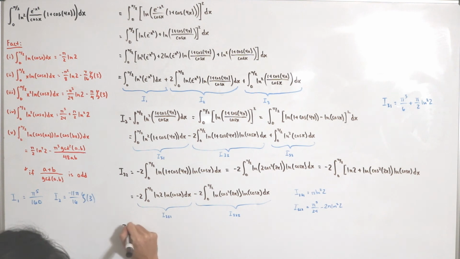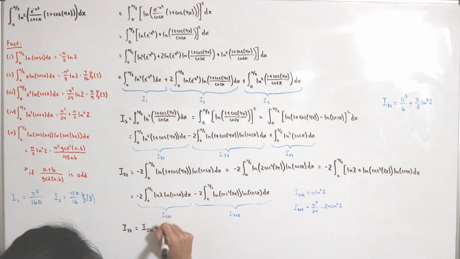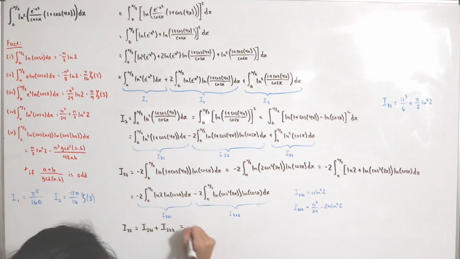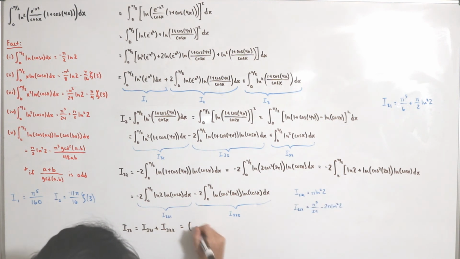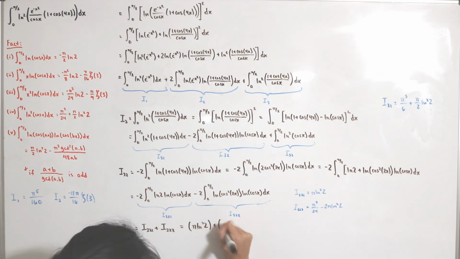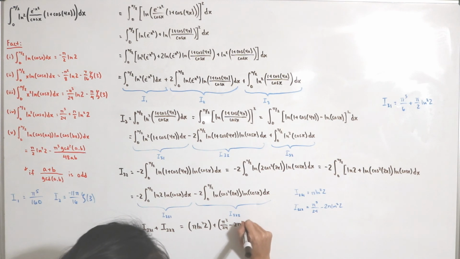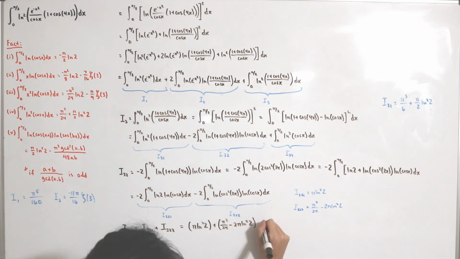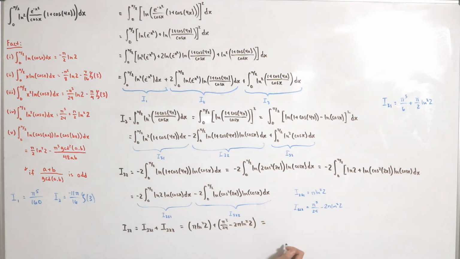So I sub 3, 2 is equal to I sub 3, 2, 1 plus I sub 3, 2, 2. And then we just plug in the constants, the values that we found: ln squared 2, then plus pi cubed divided by 24 minus 2 pi ln squared 2. We simplify this out.